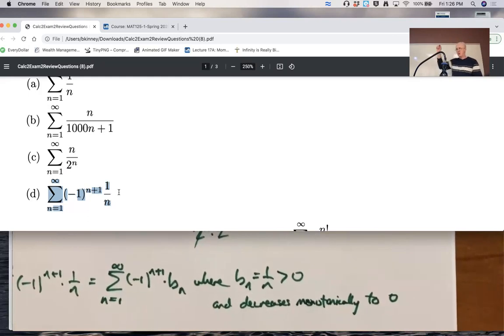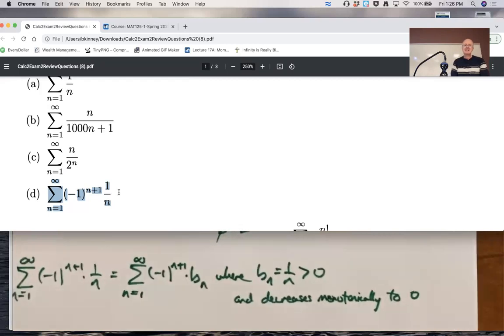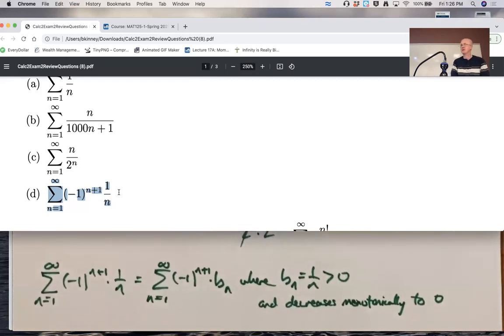Monotonically means it's always decreasing. It doesn't go down, then up, then down, then up, and eventually still go to 0. It's always decreasing towards 0. And that's enough to satisfy the conditions of the alternating series test. And we can conclude that this series converges.